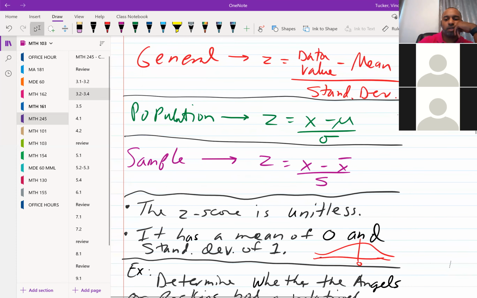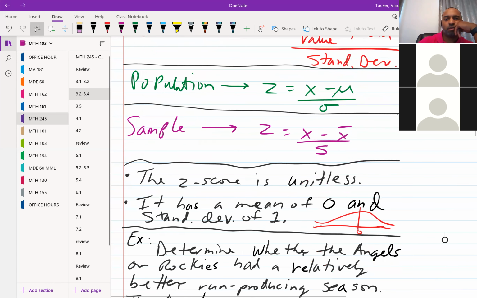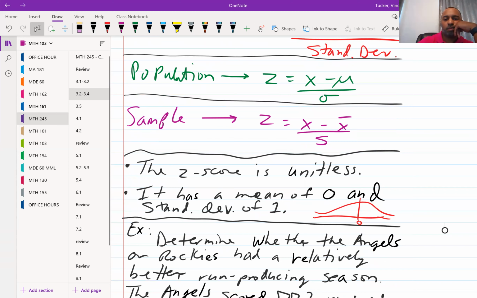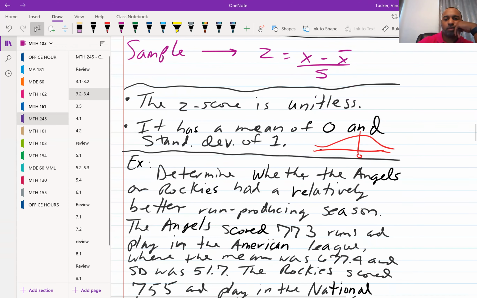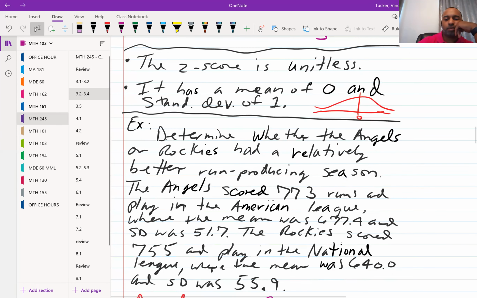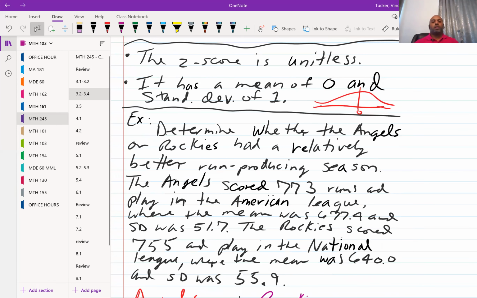All right, so here we want to determine whether the Angels or Rockies had a relatively better run producing season.